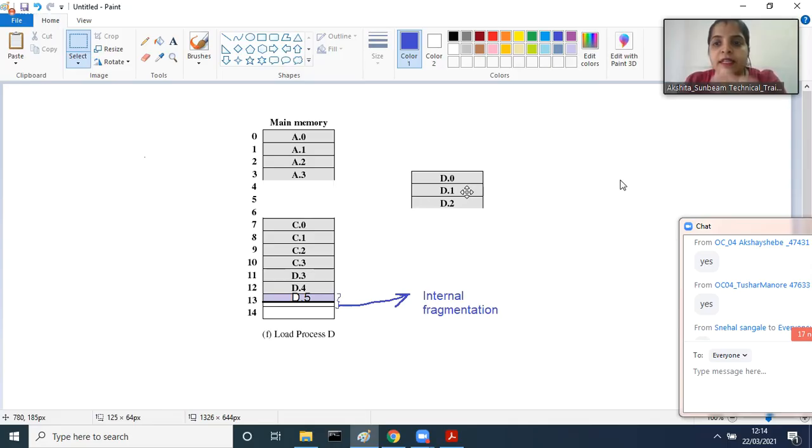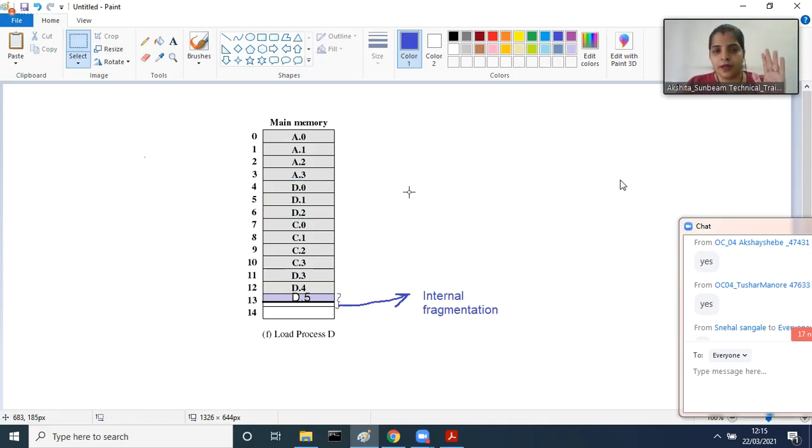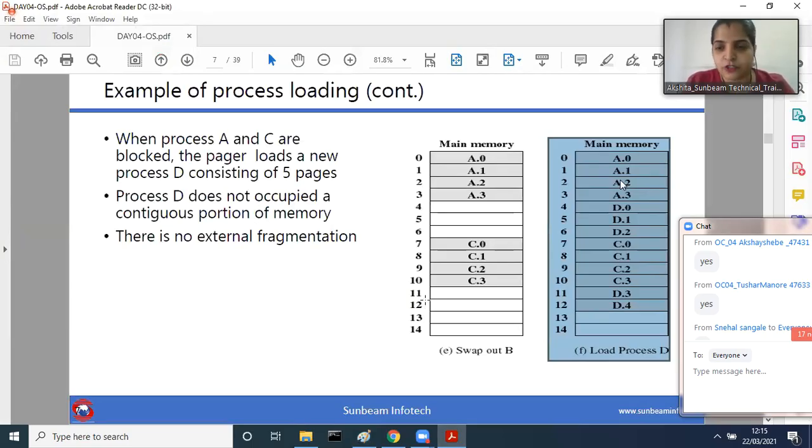But as soon as process D came, D has been loaded over here. That means external fragmentation has gone. But if some process requires less than this block, then internal fragmentation may occur in the case of your paging technique.